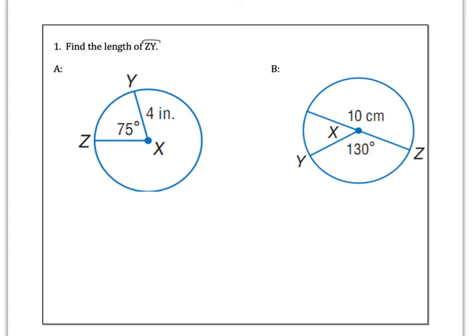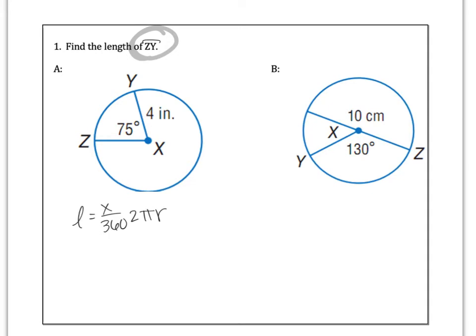So number 1, part A, find the length of arc ZY. Notice the little curve above the ZY, that means arc ZY. To do that, we're going to use our formula: L equals x over 360 times 2 pi r. The x is going to be the degrees.